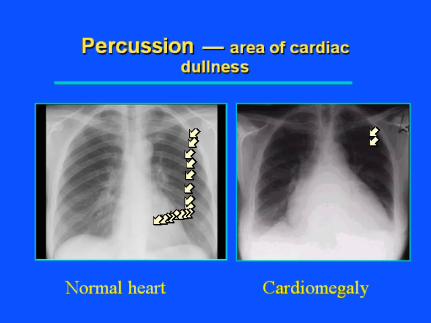And you could get to the point where you could actually detect, oh, I am getting into an area of dullness much sooner than I would in the normal patient on the left, and the whole area of the heart is enlarged. So there'd be a much larger area of dullness, and a much smaller area of the chest would percuss as resonant.